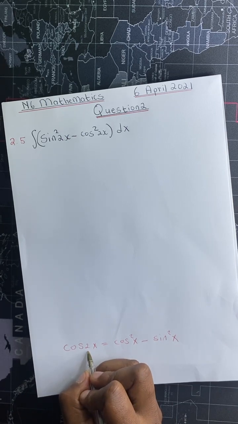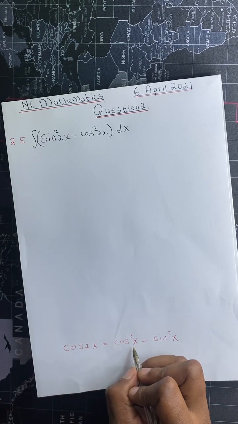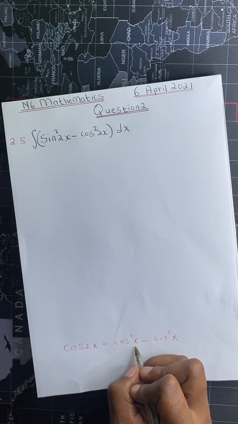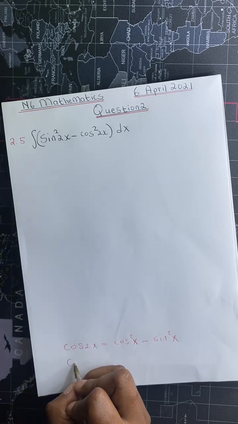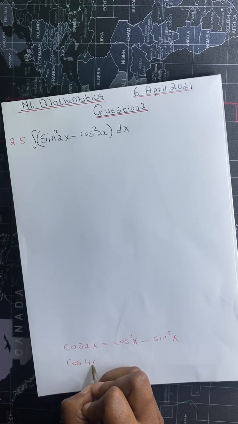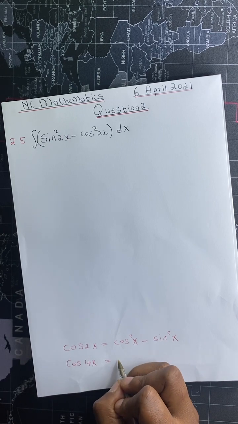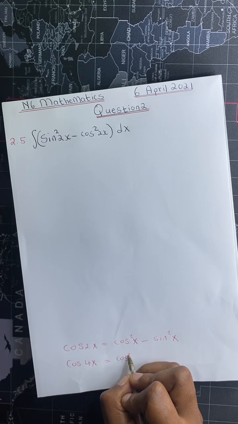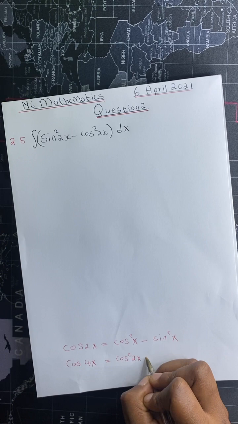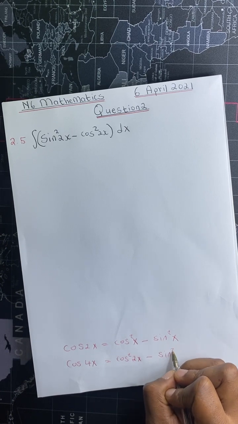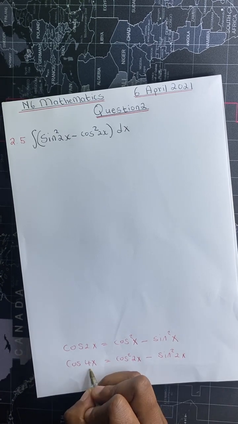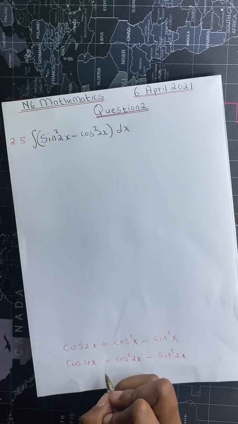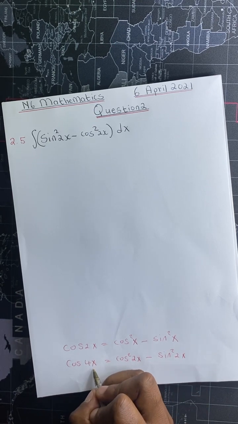On the left hand side, the x is double, and on the right hand side, we only have a single x. So if we had cos 4x, then this would be equal to cos squared 2x minus sine squared 2x. We have 4 times the x, and here we have half the x than we have on the left hand side.